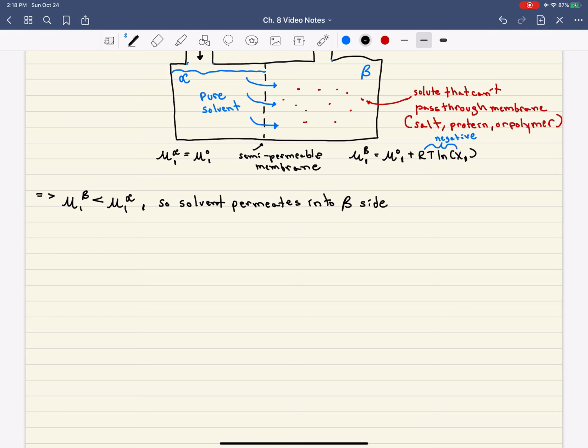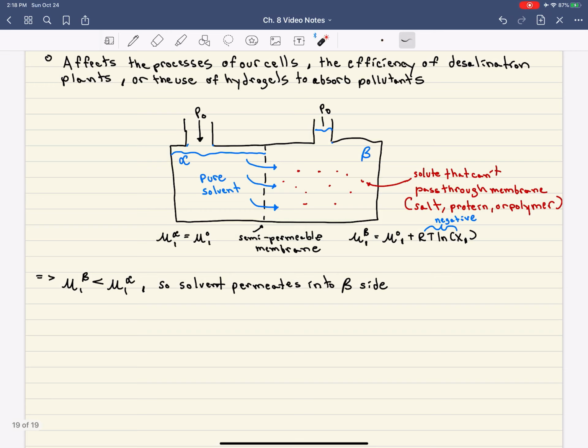And so essentially what this is trying to do is dilute the concentration of the solute in the beta side so that this x1 term for the beta side starts to increase and go towards 1. And once you have a natural log of 1, that's going to be equal to 0. And then you would get back the pure chemical potential value. Okay? So that's physically what's going on.